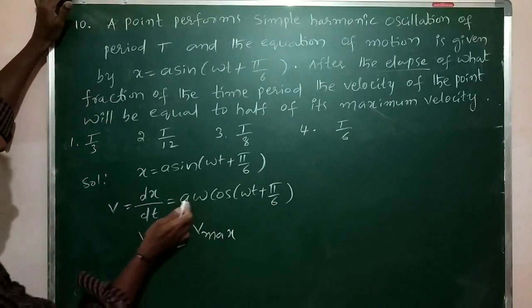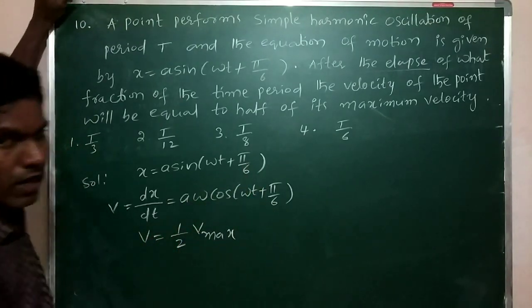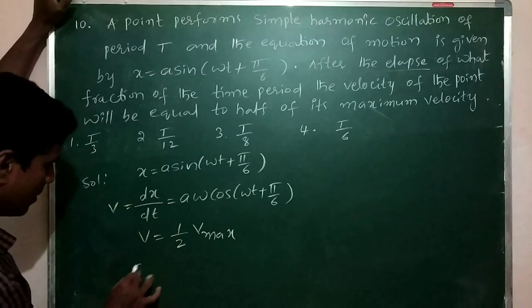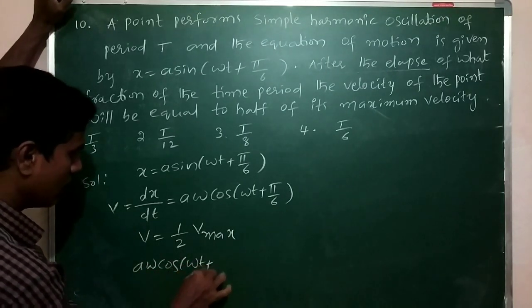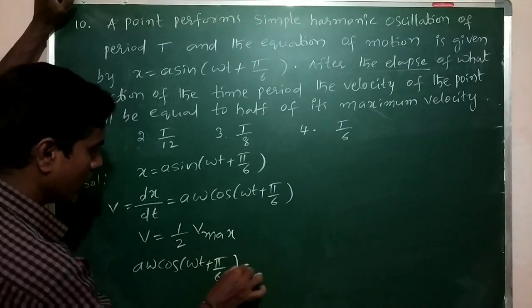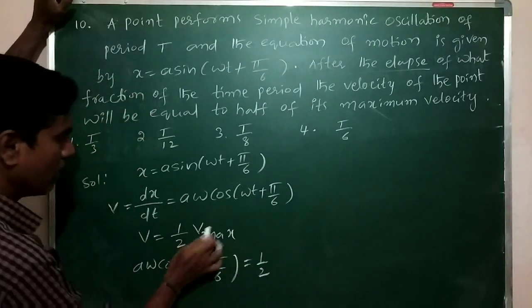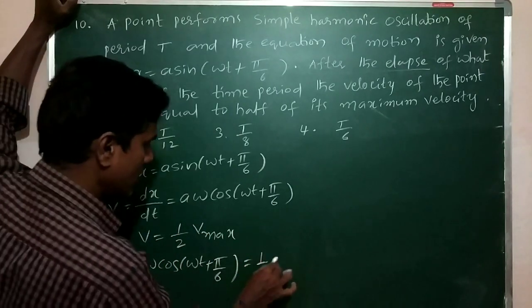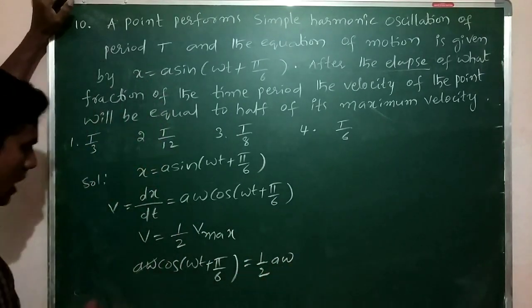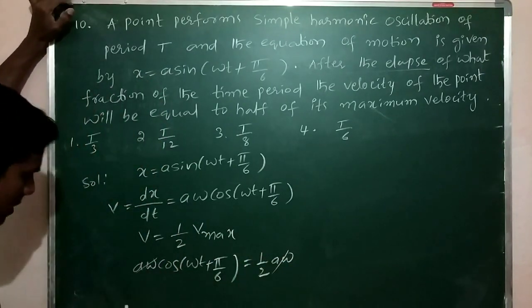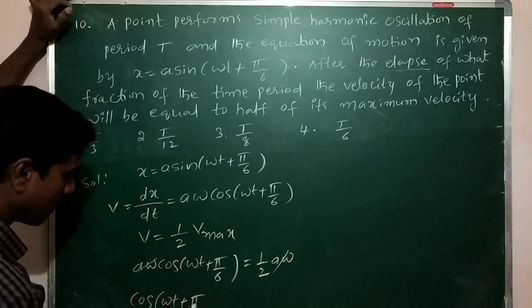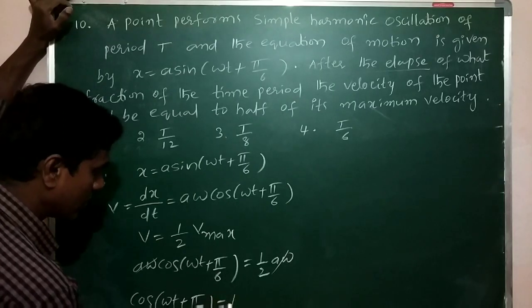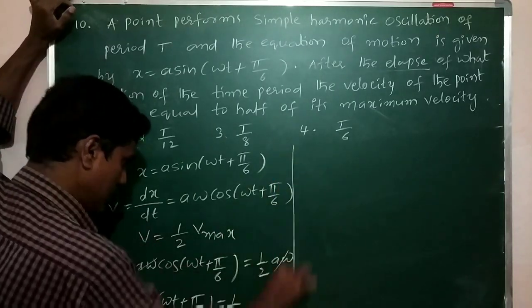So A omega cos of omega t plus pi by 6 equals half into V maximum. Maximum velocity is A omega. A omega gets cancelled. The remaining part is cos of omega t plus pi by 6, which is equal to 1 by 2.